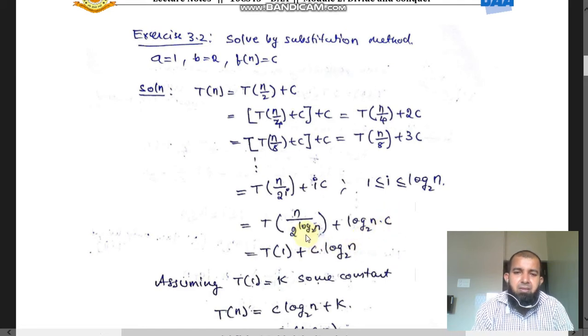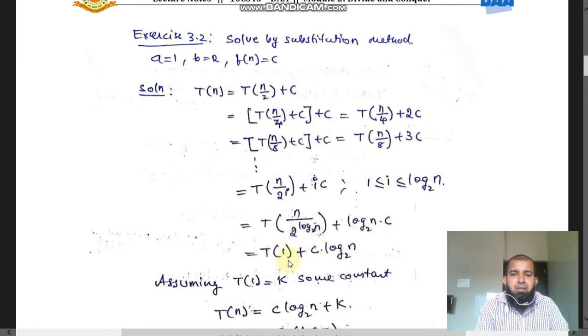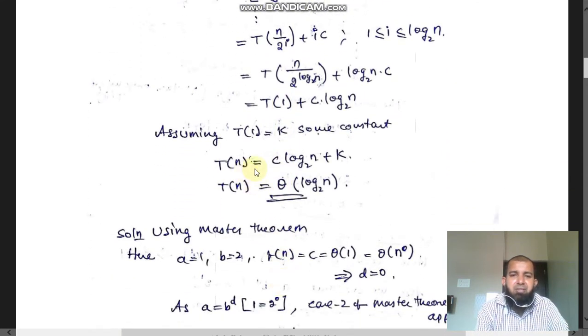Assuming T(1) is equal to k for some constant, therefore T(n) is equal to c log n base 2 plus k. We assume T(1) is equal to k here. k is some constant value, so only this part remains. So T(n) is equal to theta of log n base 2. c is also constant, so we just neglect c.